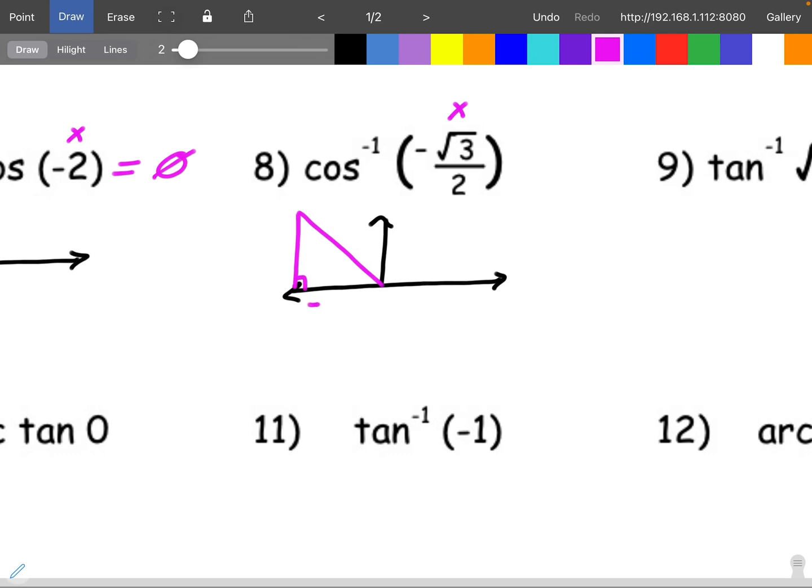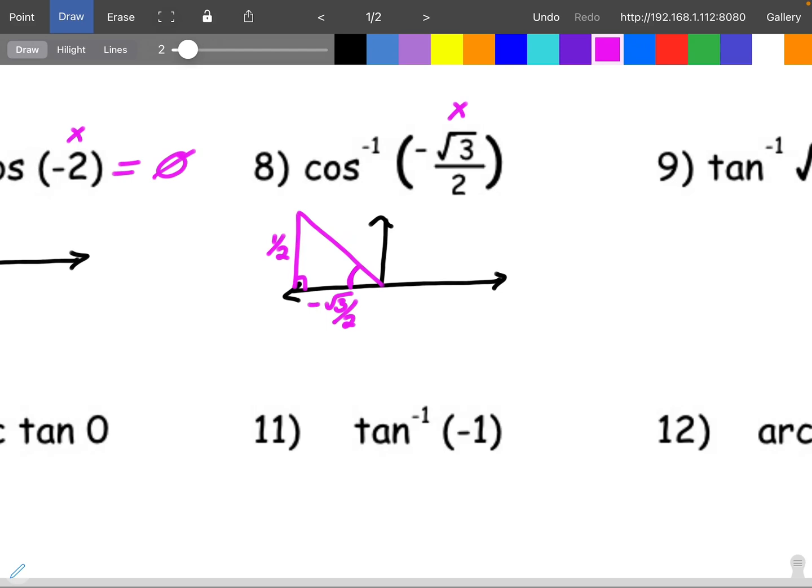So I draw my reference triangle, and cosine is the x value, which means that -√3/2 has to be the x value, so on the x-axis, which means this must be a 30, 60, 90 triangle. So if one side is √3/2, the other side has to be 1/2.